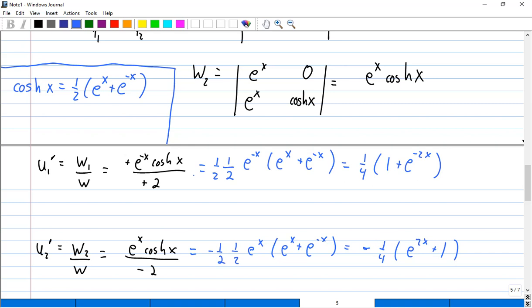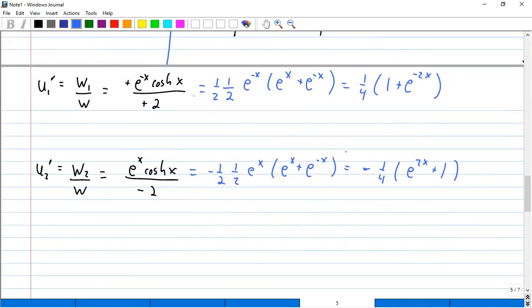So to solve for u sub 1 and u sub 2, I integrate those. And those are really easy to integrate. So u sub 1 is going to equal the integral of 1/4 times 1 plus e to the negative 2x.